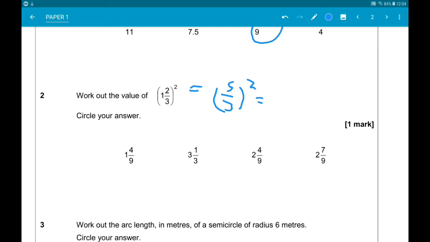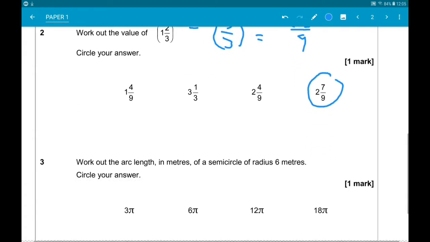Now to square that, square the top, square the bottom, so we get 25/9. Now, all the possible answers are mixed numbers, so 9 goes into 25 twice with 7 remainder, so it's 2 and 7/9.